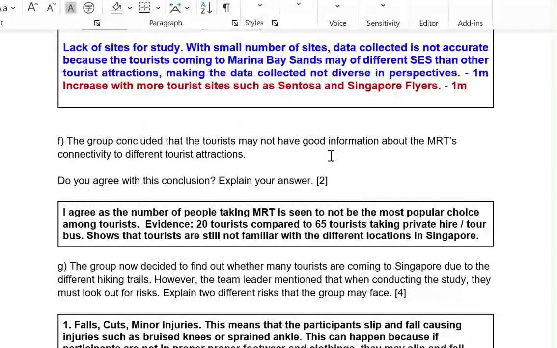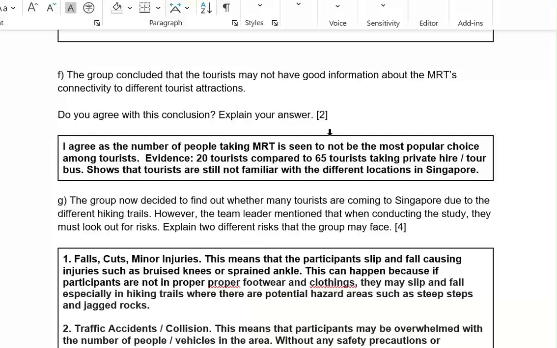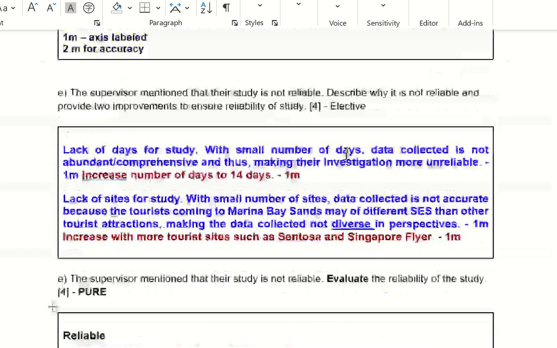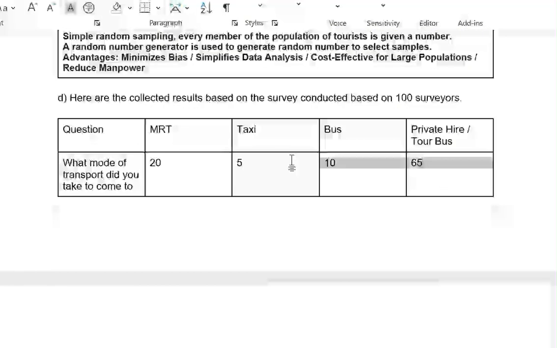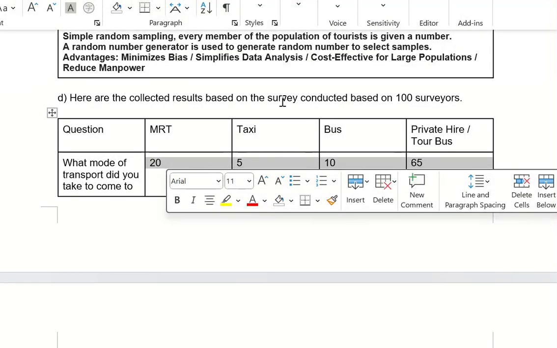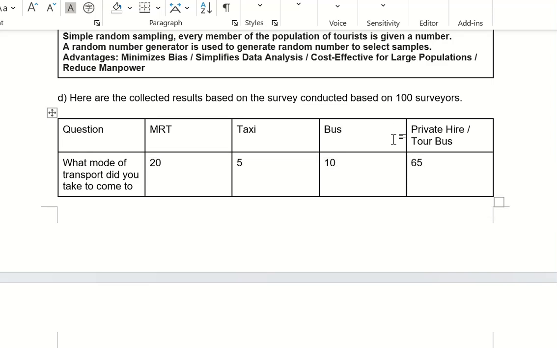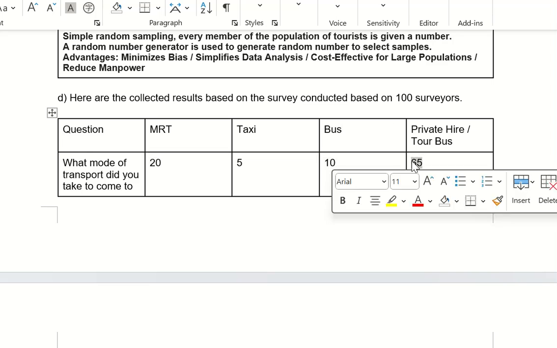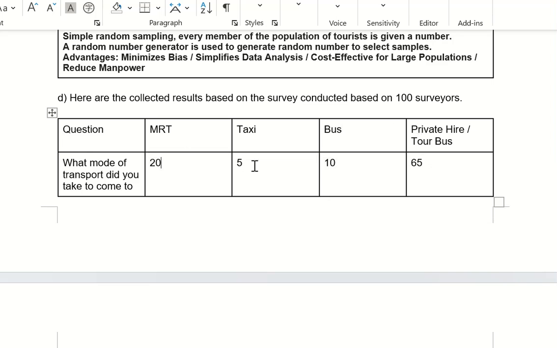Now, for the next question, this is for both elective and pure. The group concluded that tourists may not have good information about the MRT's connectivity to different tourist attractions. So, do you agree with the conclusion? Explain your answer. Based on this, you know that the data shows that private hire is the most popular, followed by MRT, taxi, and bus.